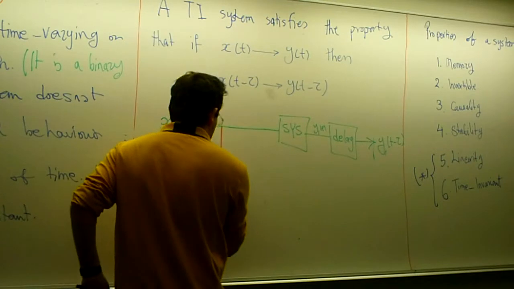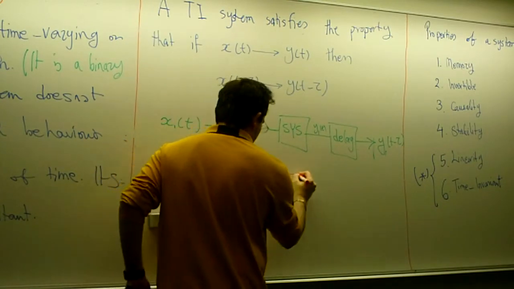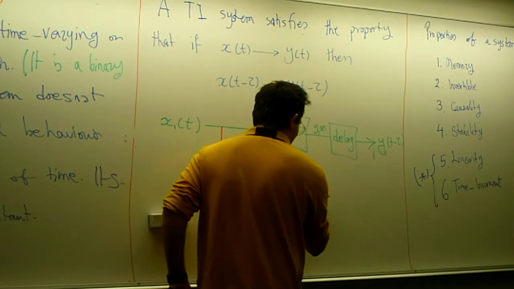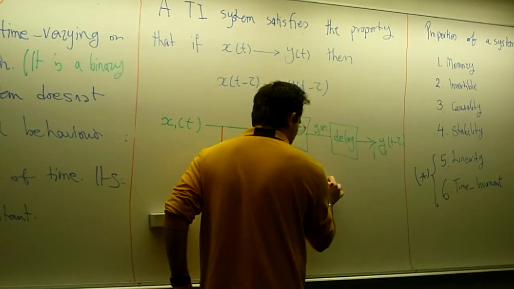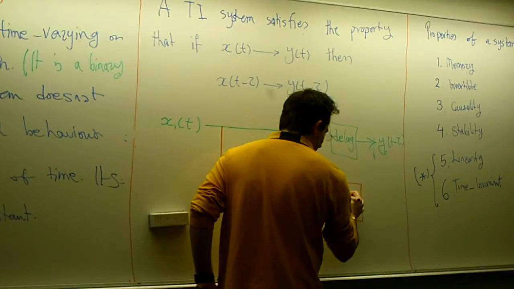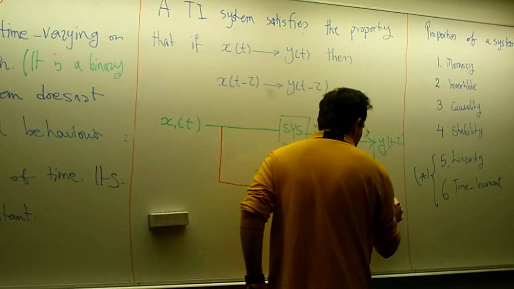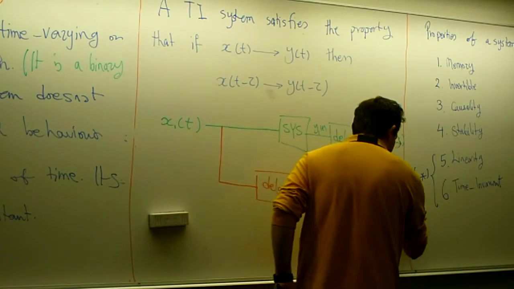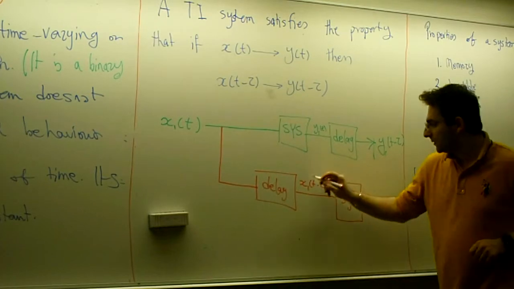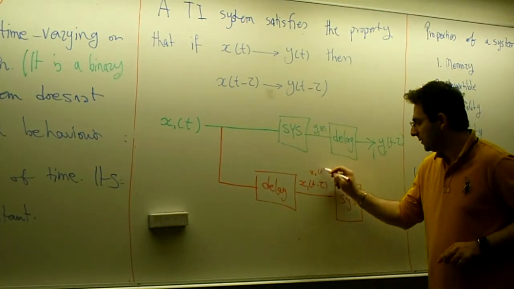And now we have a delay, which means we have x1(t minus tau). We give it to the system and we get y2(t). So this is our x2(t), right?